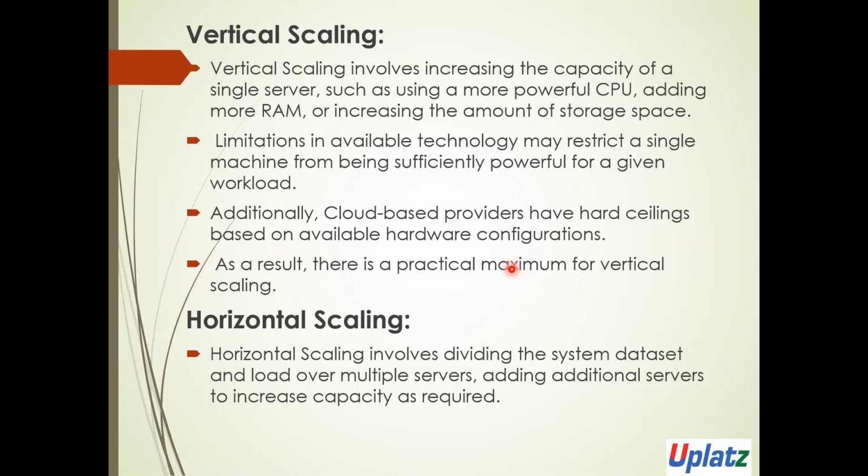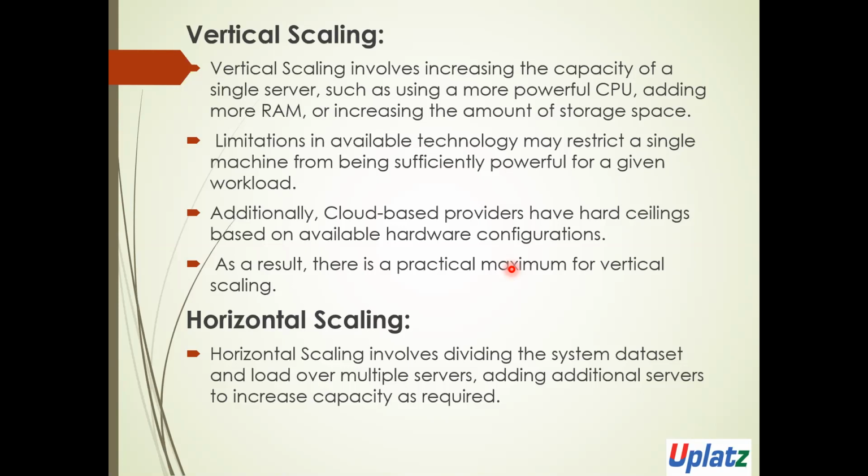On that single server, based on the data, it will make the CPU more powerful and increase the storage space and RAM. The restriction is that the entire data must be stored on a single machine, and in the cloud as well, the hardware configuration is based on the hard ceiling.